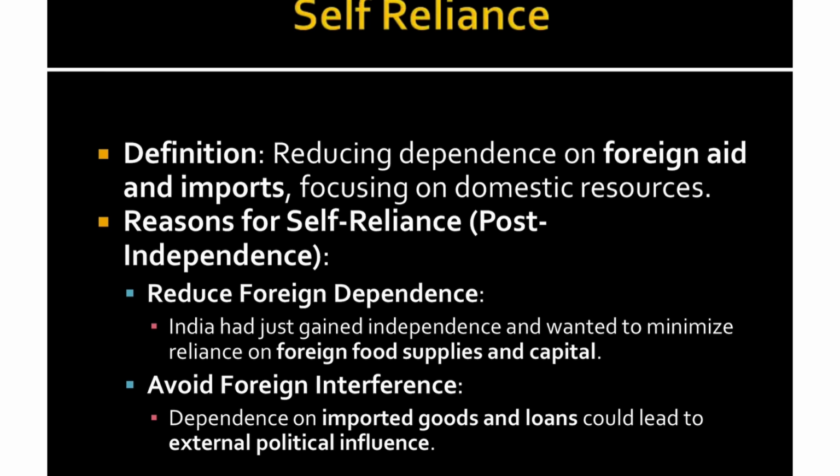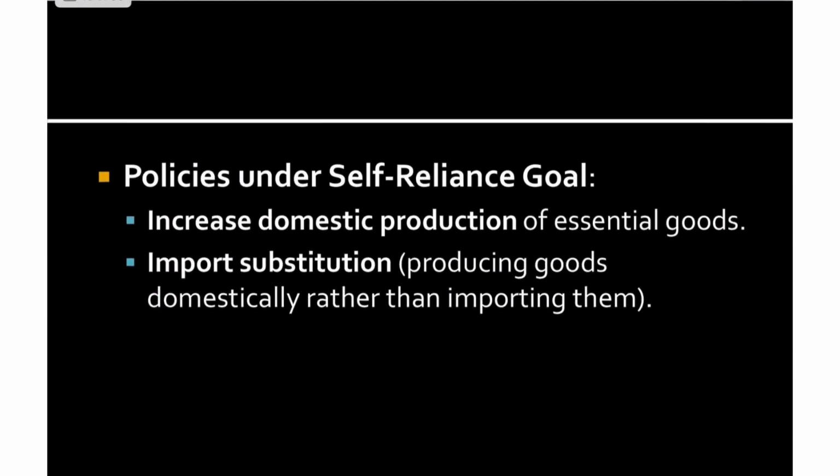Of course, there are many countries which are small in size and economy and are dependent on many other countries. Of course, their politics will be influenced hugely, and we did not want that. That is the reason why we wanted to avoid foreign interference, and why we were aiming for self-reliance.